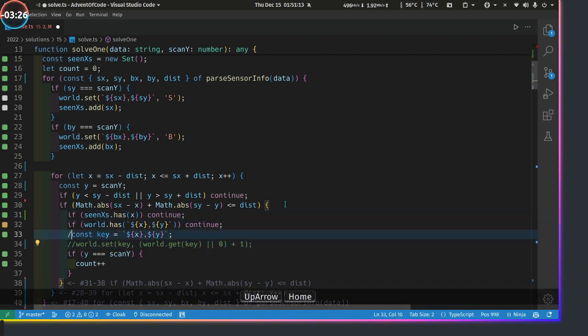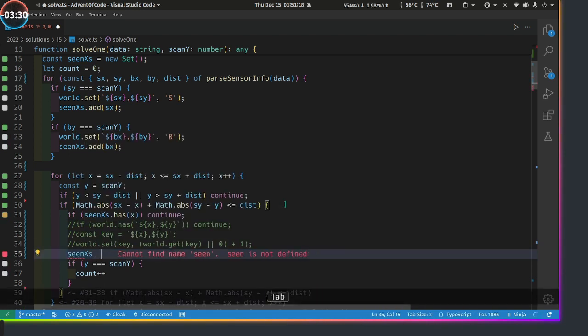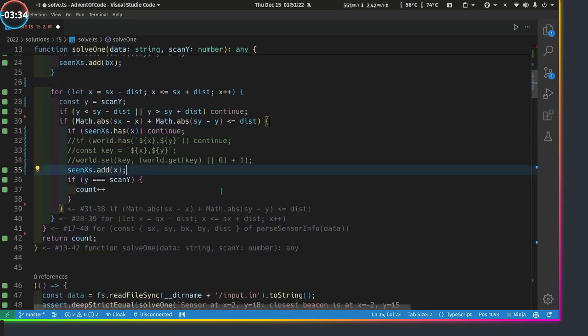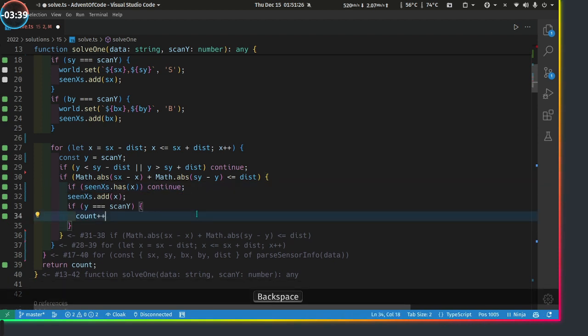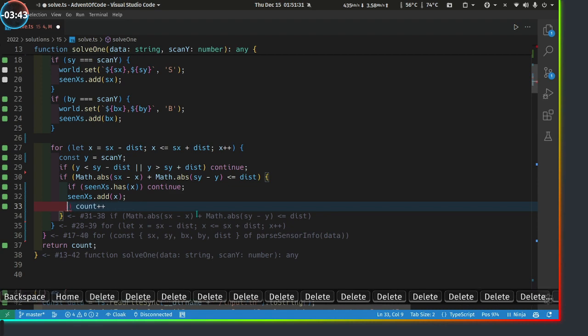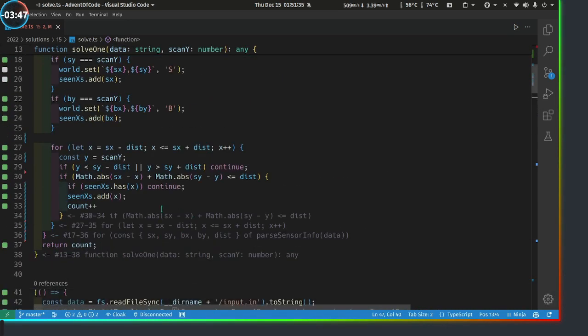Otherwise, say goodbye world. seenXs add x. Does that still work? Still works. So that's definitely going to save a lot on the stringification there. And this is always guaranteed. So, cha-ching. Great, glad to see that working.